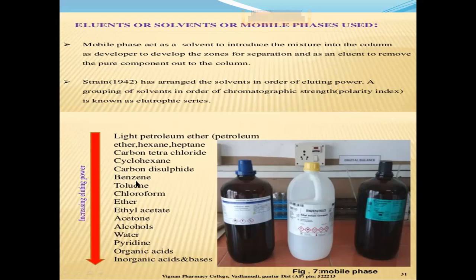He constructed this series by placing these solvents according to their polarity, or in other words by increasing eluting power. Depending on this, we can go with either one solvent or a mixture of solvents.